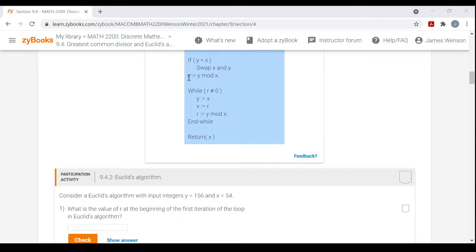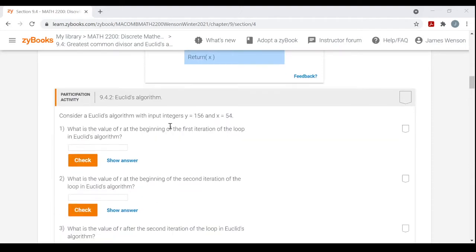So the value of r would be 48, and r is not 0, so then y becomes 54, x becomes 48, and r becomes 54 mod 48, which was 6. And since r is still not 0, it starts over, and then y becomes 48, x becomes 6, and then r becomes 48 mod 6, which is 0, and then the thing stops, and you return the value of x, which was 6. You'd only run this thing basically twice.